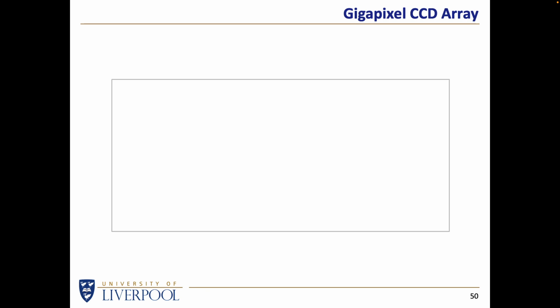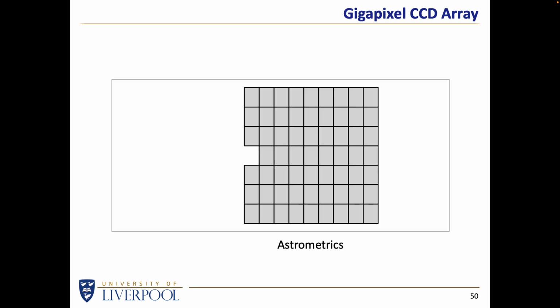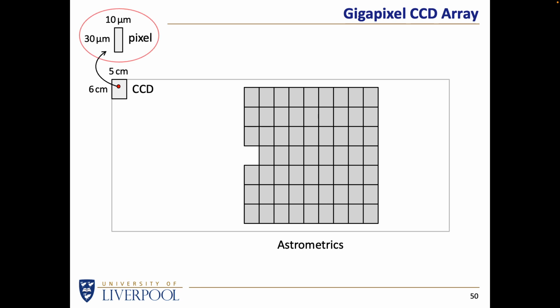So let's have a look at a little more detail of this CCD array. A whole batch of CCDs in the array are called astrometrics. They are designed to measure the positions of stars. Remember, effectively, the timing at which a star arrives at particular points. Each of those individual CCDs is that size, 5 by 6 centimeters or so, and there's about 9 million pixels in each of the CCDs.